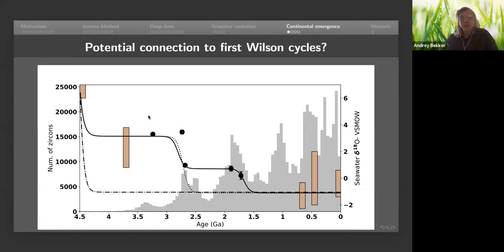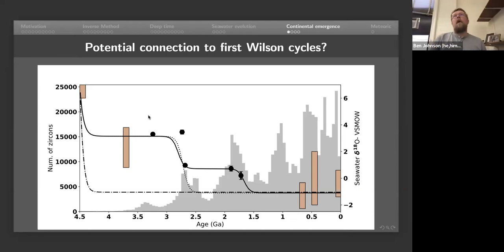So maybe the thermal gradient through oceanic crust was different, and the transition from high-temperature to low-temperature weathering or alteration in the oceanic crust was at a different depth. Did you think about how pressure and temperature could have changed high-temperature and low-temperature alteration in oceanic crust? Yeah, for sure. No, that's a good point.